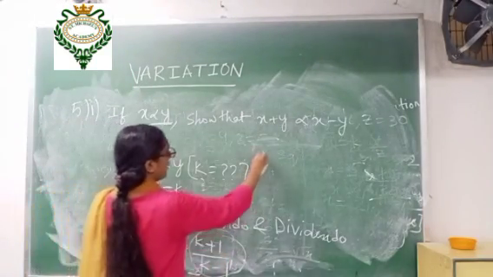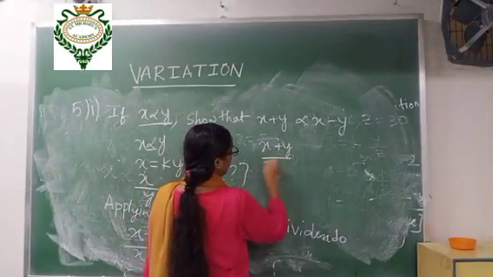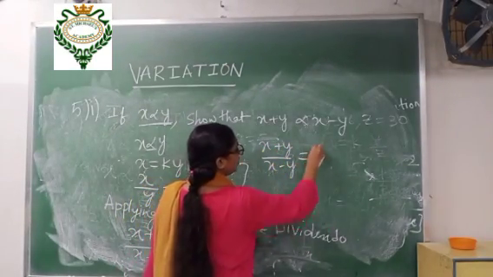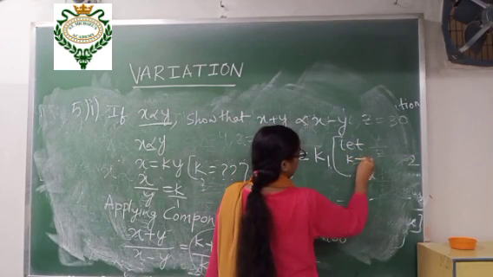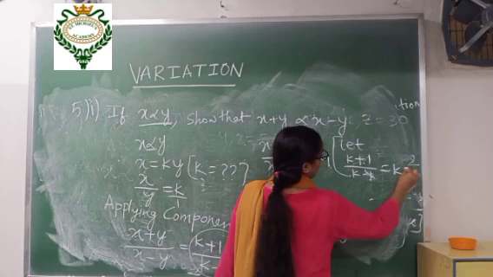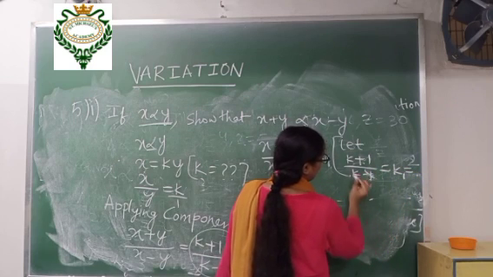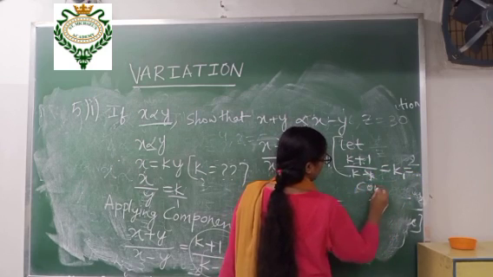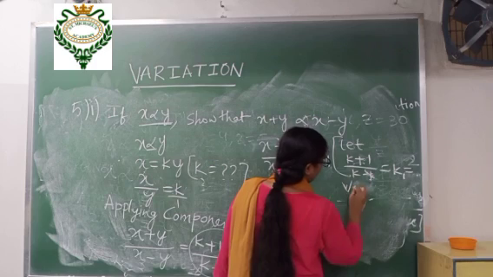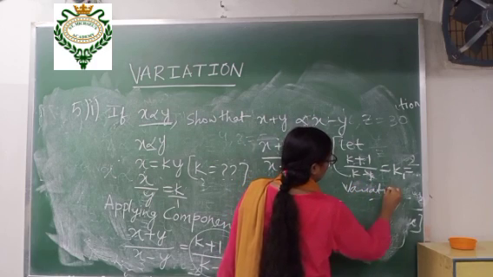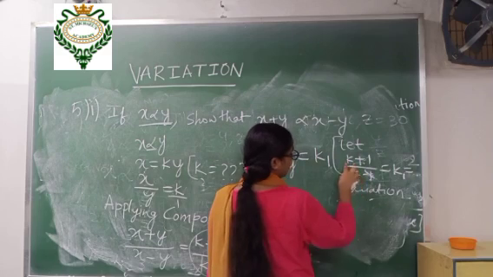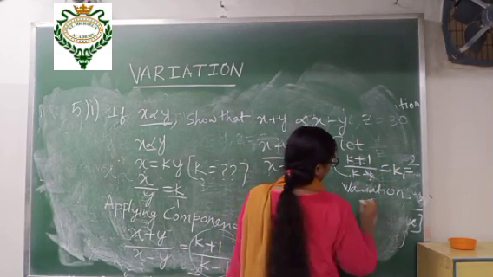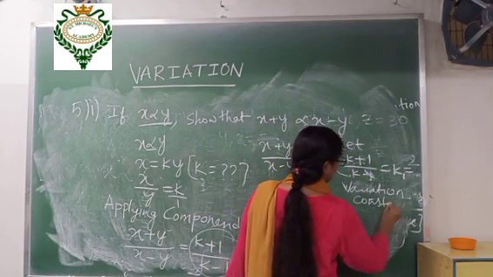So what will we write? (x plus y) by (x minus y) equals k1, let (k plus 1) by (k minus 1) equal k1, and k1 is also a variation constant. Write this word, variation constant. We can't take k again because k we have used already, so I have to take k1, variation constant.